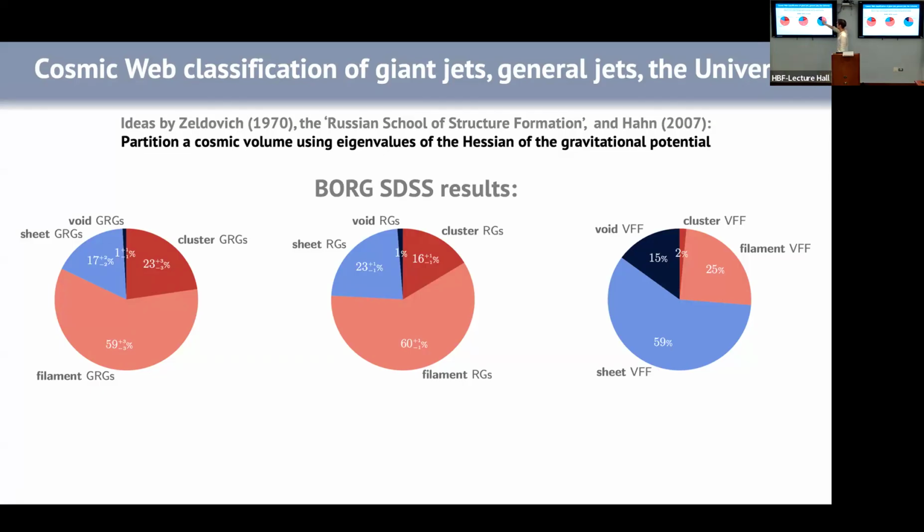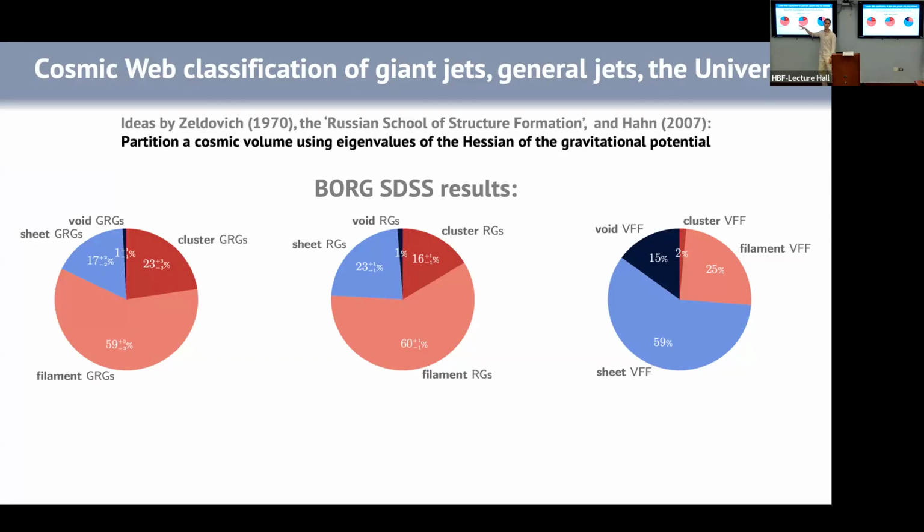And this shows how the different components are distributed in the universe in its entirety, according to this particular cosmic web reconstruction. I would actually count this together and call this voids. But the main message is that these jet systems really are not randomly distributed in the universe.